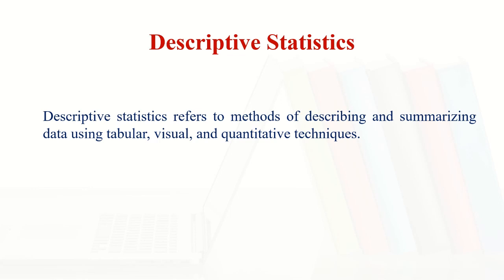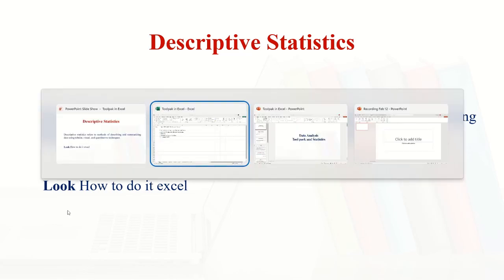Statistics refers to the method of describing and summarizing data using tabular, visual, and quantitative techniques, which is known as QT. So what are descriptive statistics? I'm just going to explain in Microsoft Excel.